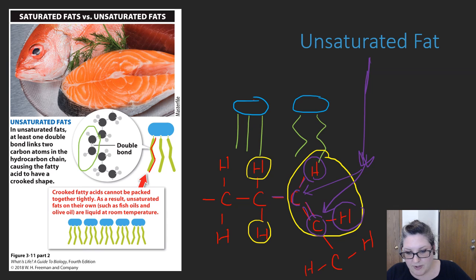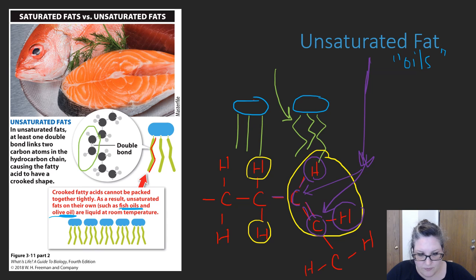Now, unsaturated fats, because they have these kinked type of hydrocarbon chains, the fatty acid tails, they actually are liquid at room temperature, not solid. So they are what we call oils. So over here on your image it says they are liquid at room temperature.